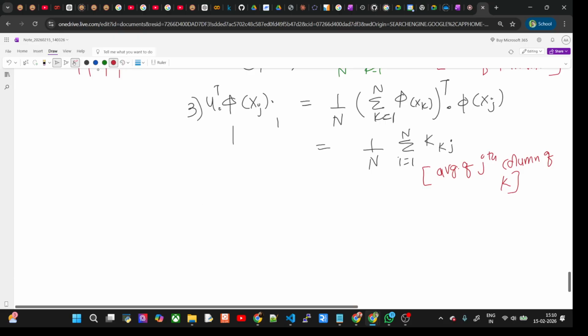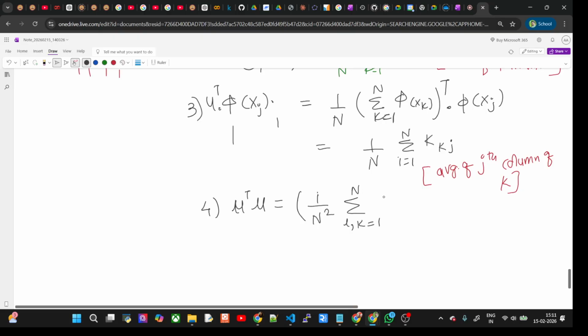And the last term, whatever you are getting now, is u transpose, like a mean square. If you actually do the calculation, I'm just writing the final one directly, so it is n square, the number of equations, and it is actually l comma k.